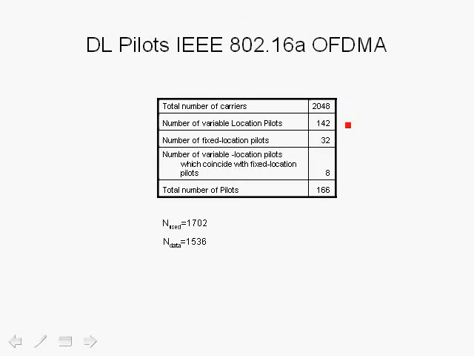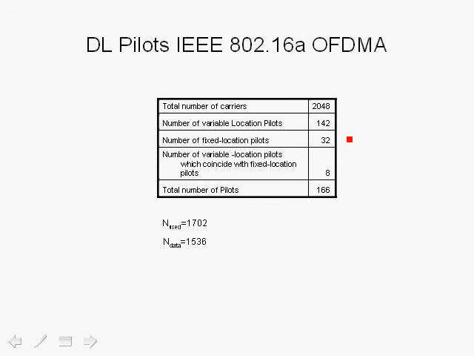We have 142 pilots which vary in location, and we'll show that. This is a big distinction with what you've seen before in terms of the pilot arrangements in, for example, 802.11a or OFDM in 802.16a, in the sense that in OFDMA, the actual locations of pilots change on a per symbol basis. We'll show that. There are 32 pilots which have a fixed location that don't change.